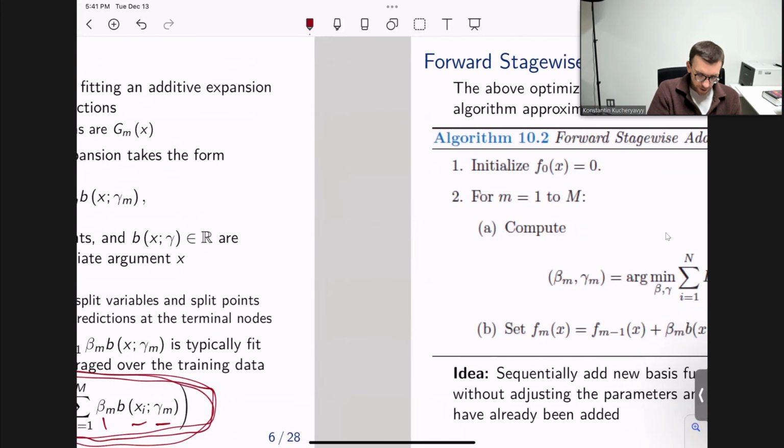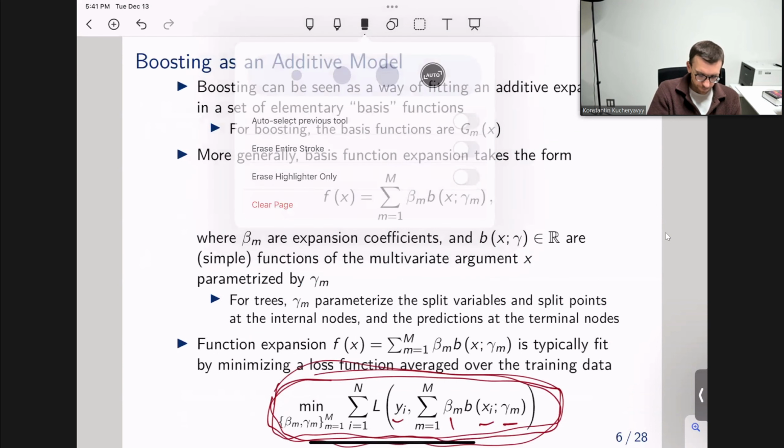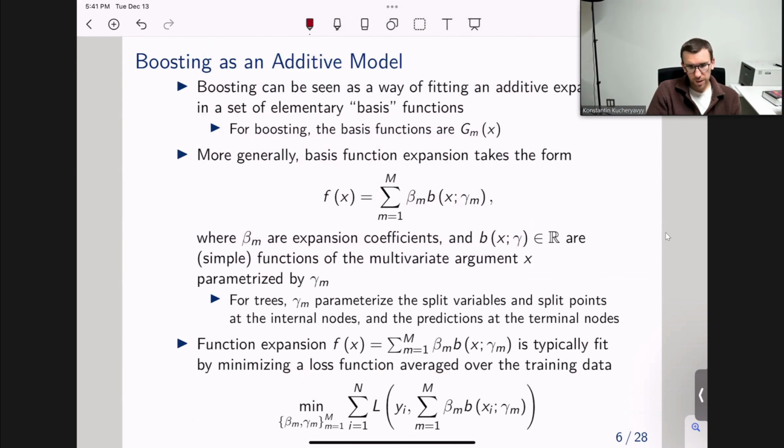Now, this problem is very difficult, especially when we're working with trees. But in general, this is a very difficult problem, even if we have simpler basis functions, except for something like a linear one.